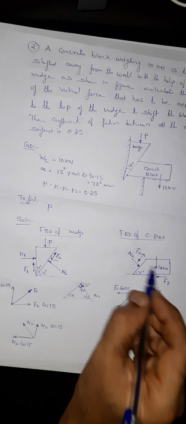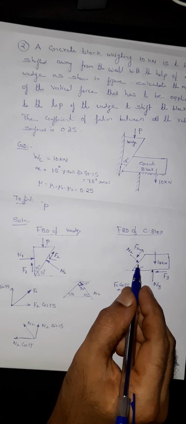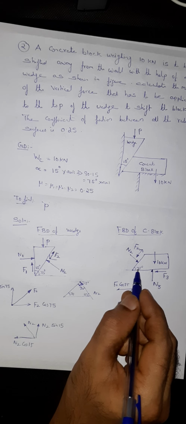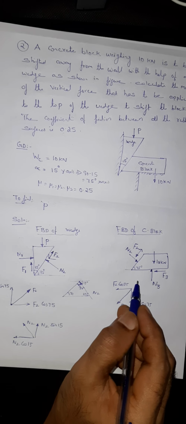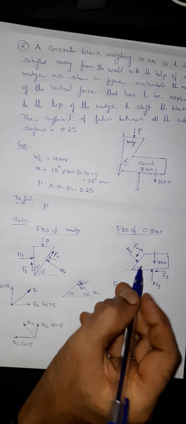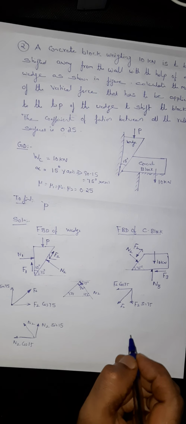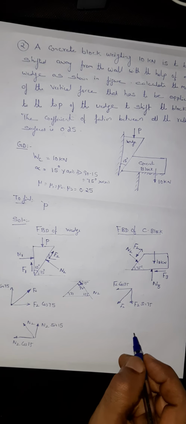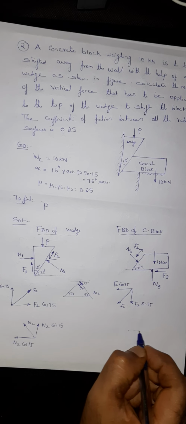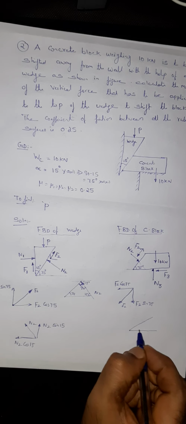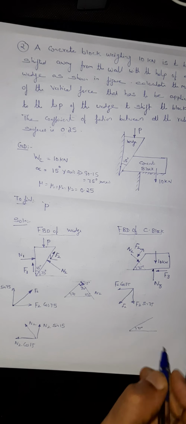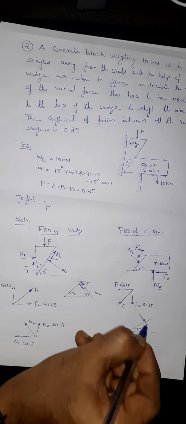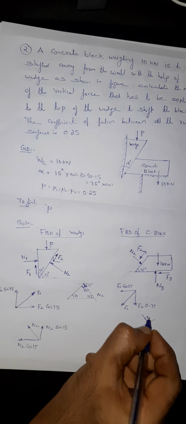Then what about the angle of N2 with respect to the x-axis, that is the horizontal? So let us draw a triangle in this manner. So this is 75 degree, and the reaction is perpendicular to the surface.